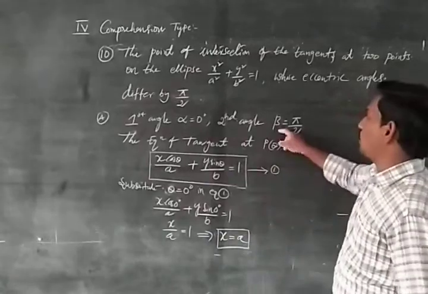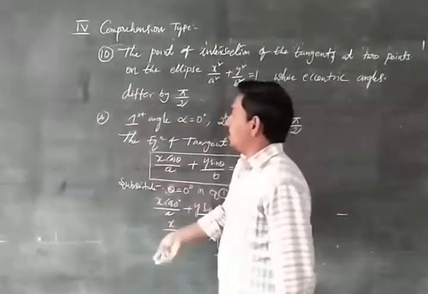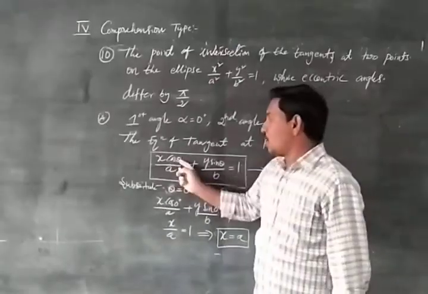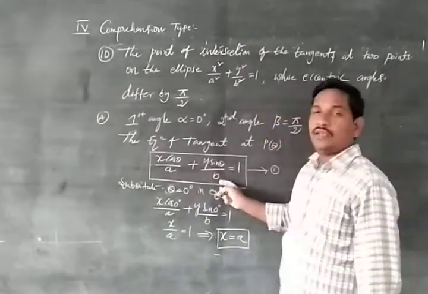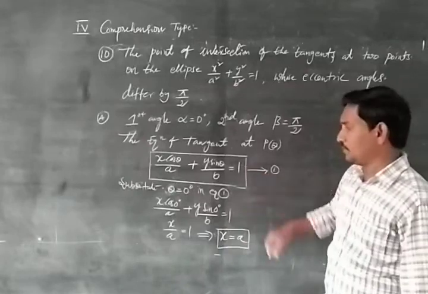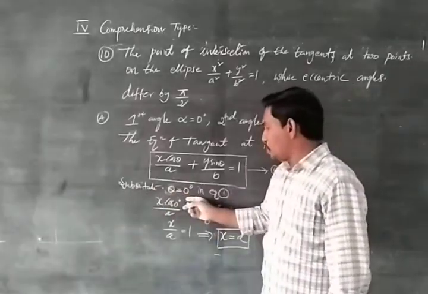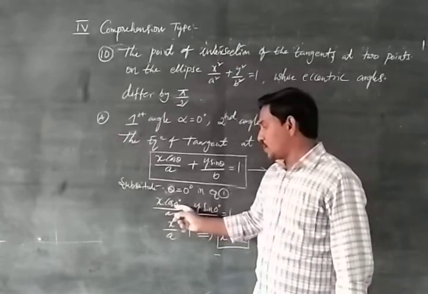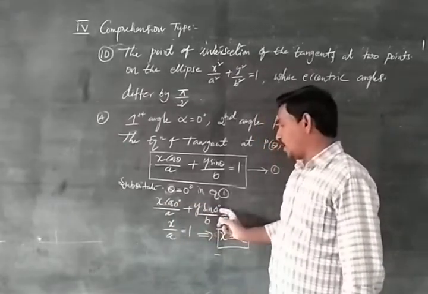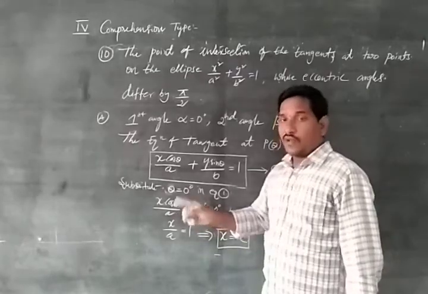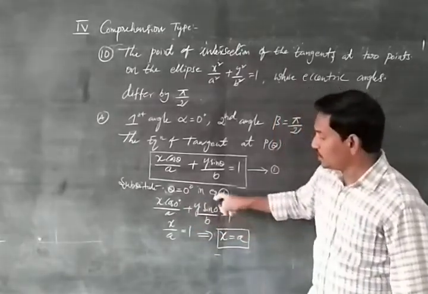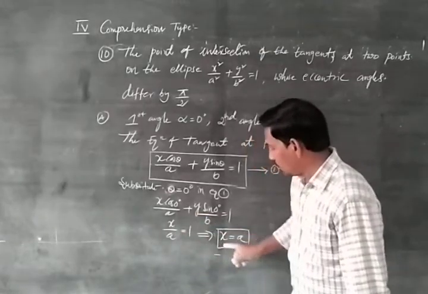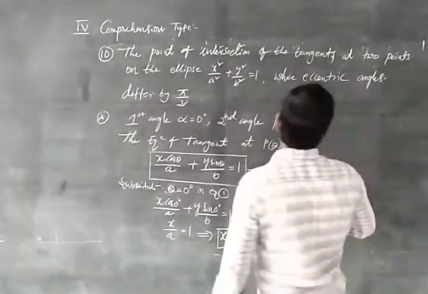First angle alpha equal to 0 degrees, second angle beta equal to 5/2. The equation of tangent at P of theta: x cos theta by a plus y sin theta by b equal to 1. Substitute theta equal to 0 degrees in equation 1. Cos 0 is 1, sin 0 is 0, 0 into everything is 0. So x by a equal to 1, then x equal to a. Okay.